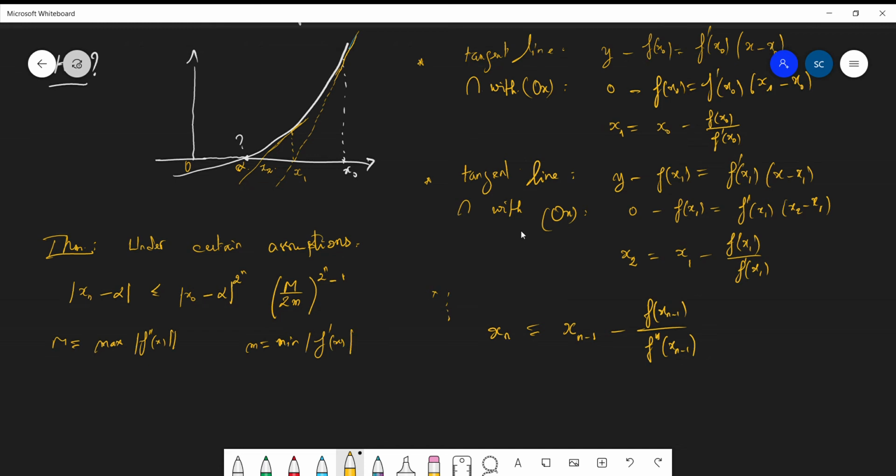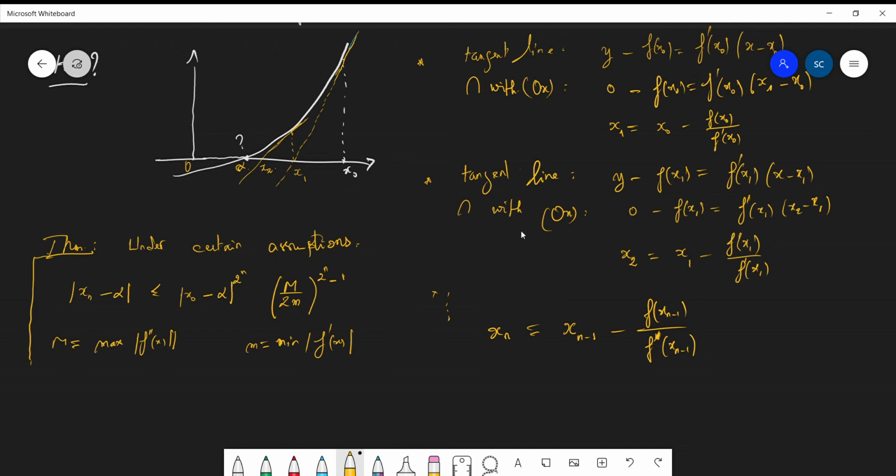And we have many other conditions that ensure convergence. When n is large, when we increase the number of iterations, we are approaching the root. One of the conditions is that the derivative at each step must be different from 0.